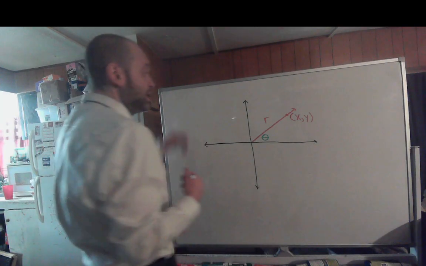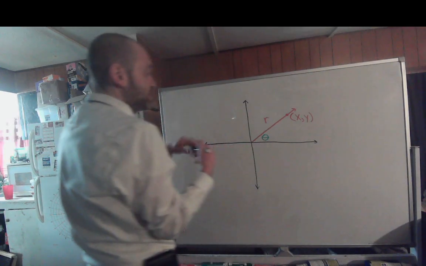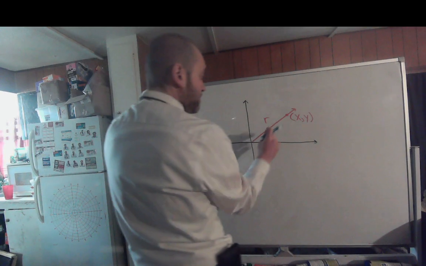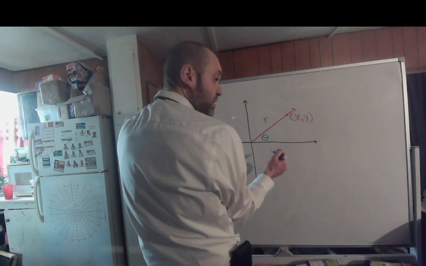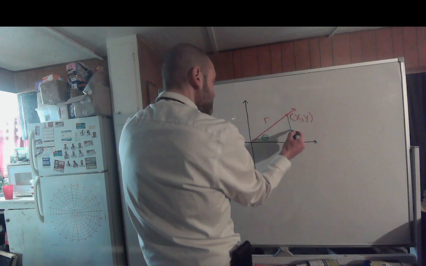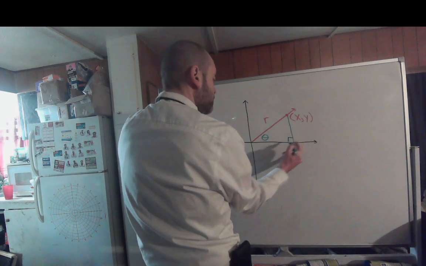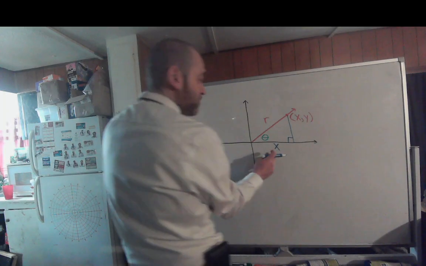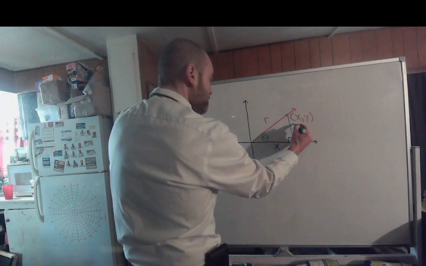Well, keep in mind your x units are how many it goes over, left or right, correct? So what you want to do is set yourself up a right triangle. Set yourself up a right triangle, make your life a lot easier. So that's your x value. It goes over x units and then up y.